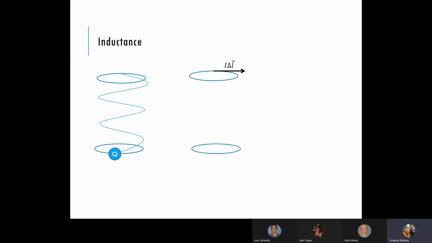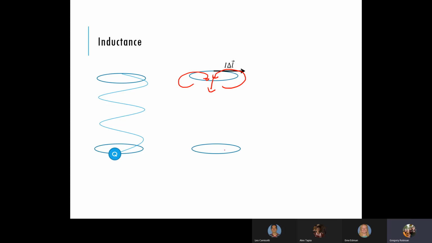So if I'm running current around this top loop, what you end up generating is some magnetic field that is down through the center of the loop and then kind of loops around. So it's kind of looping around and going down through the center of the loop. Grab the wire, it kind of curls around the wire.